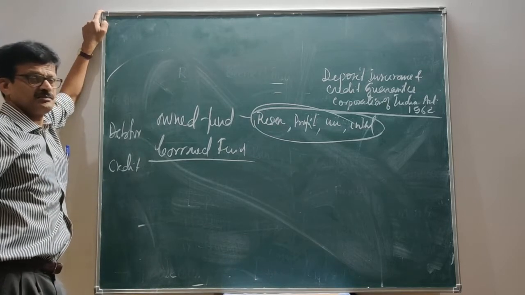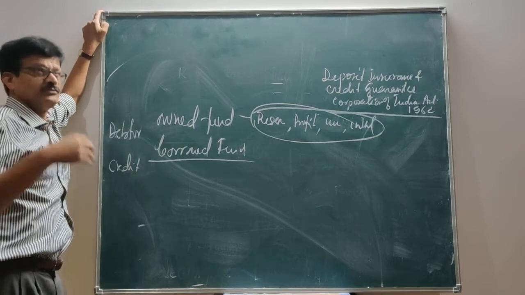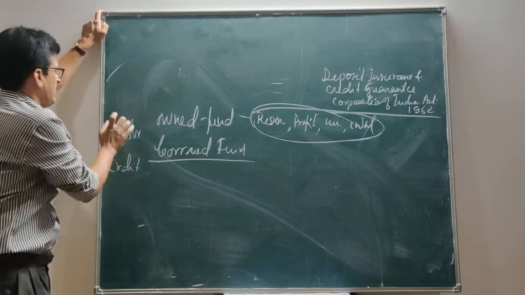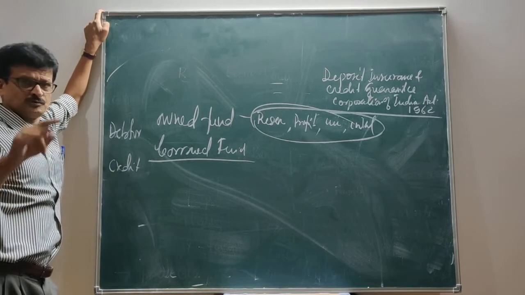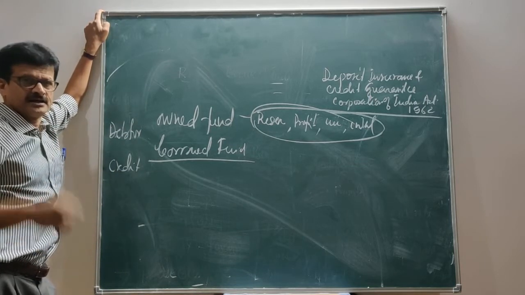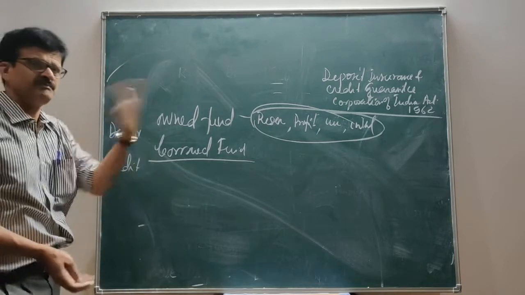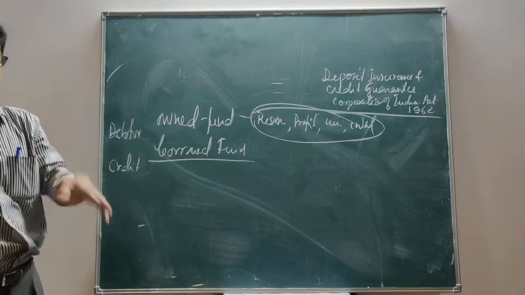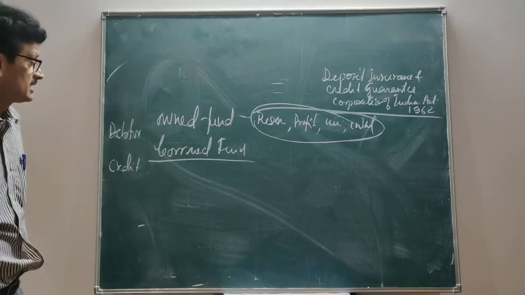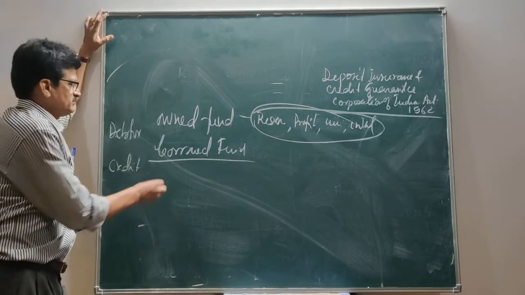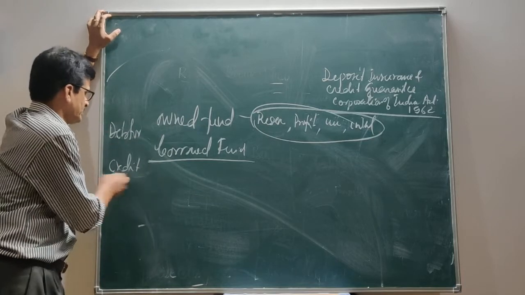We cannot say for sure that the banker is a debtor or a creditor. It depends. Whether your account shows a plus balance, 100% you are a creditor. But when the account shows a minus balance, in other words when you borrow from the banker, your position will change. We will discuss the general relationship between banker and customer. It's very, very important. Two questions will come, and it is itself spread over to unit 3.